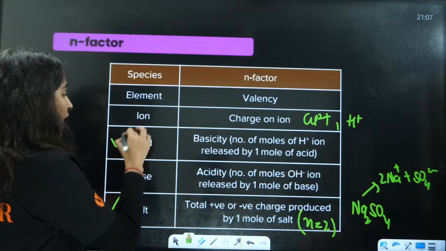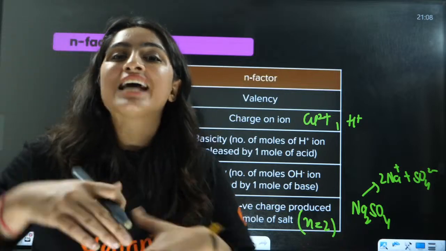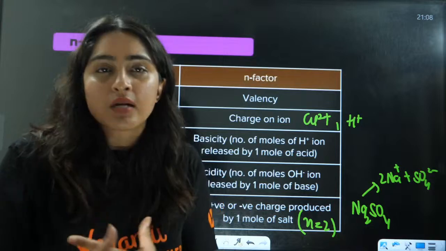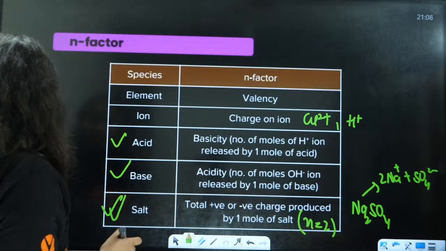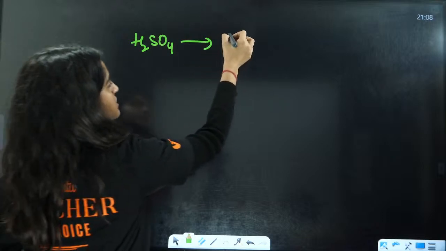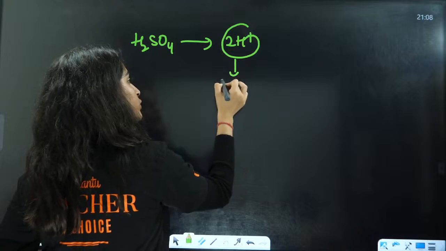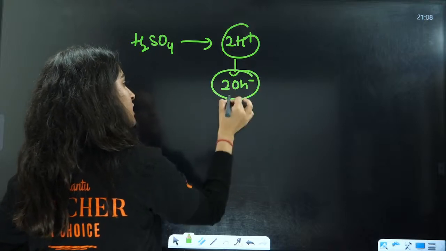Next we have acids and bases. For acids, the number of H positive, that is the basicity. If I am talking about H2SO4, it is giving us 2H positive, and these 2H positive are going to neutralize with 2OH negative.